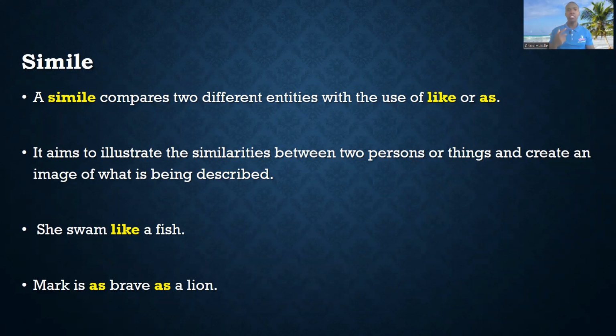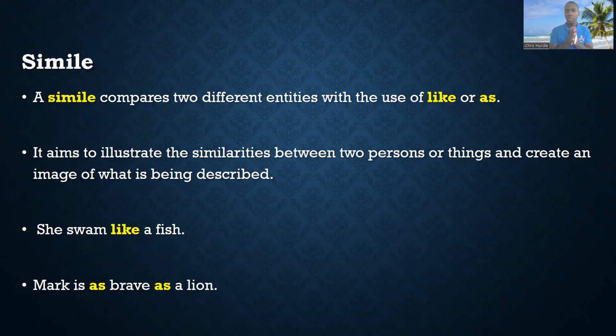So what do similes do? If we want to know the purpose of a simile, we could simply analyze the purpose of a comparison, because that's what a simile does. It is a comparison. So why do we draw comparisons? Well, we draw comparisons because we want to illustrate the similarities between two persons or things.